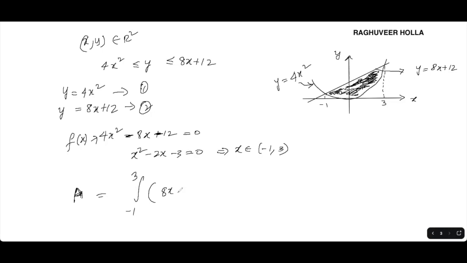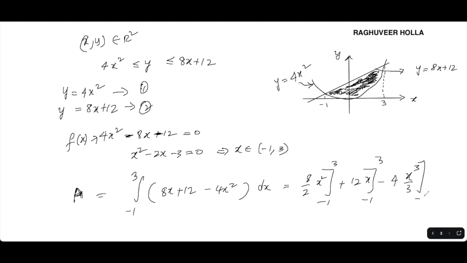The area is the integral from −1 to 3 of (8x + 12 − 4x²) dx, which will be 8/2 x² from −1 to 3, plus 12x from −1 to 3, minus 4x³/3 from −1 to 3.